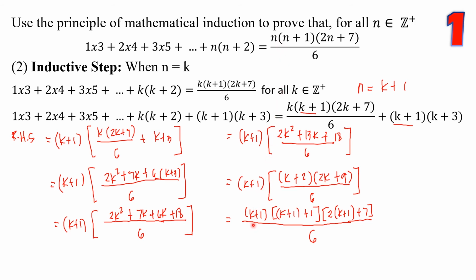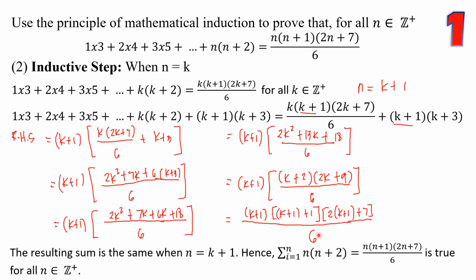See that we have k plus 1, that is n, k plus 1 plus 1, that is n plus 1. Also, 2 times k plus 1 plus 7, that is 2 times n plus 7, all over 6. So we have the same statement where n is equal to k plus 1. The resulting sum is the same when n is equal to k plus 1.